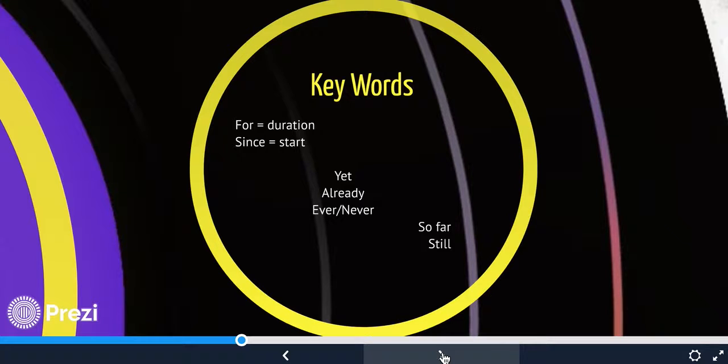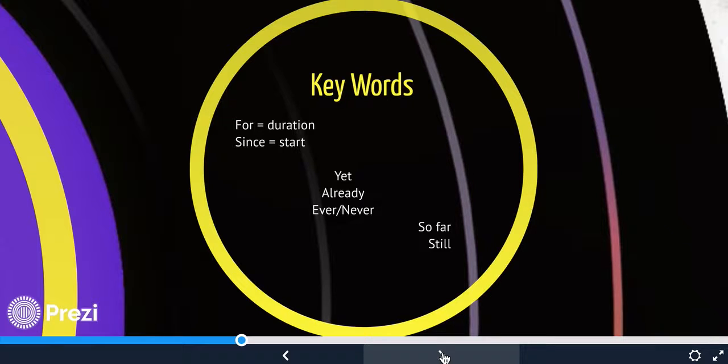For the perfect verb tenses, here are some examples. A lot of these are adverbs. Yet and already, ever and never. For and since can sometimes get a little confusing for students because it groups time. Remember we said that it was an indefinite time, but we can group time to show some duration, meaning I have studied for 2 days.